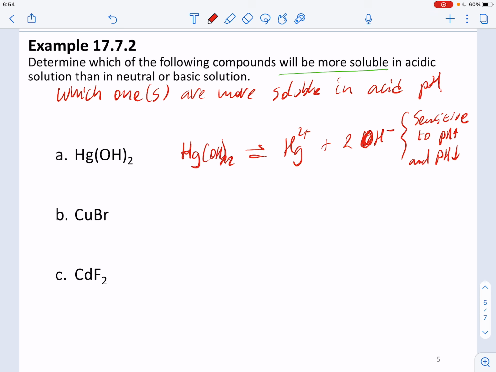If you are at high pH, you are adding OH minus, and then you shift the reaction to the left.